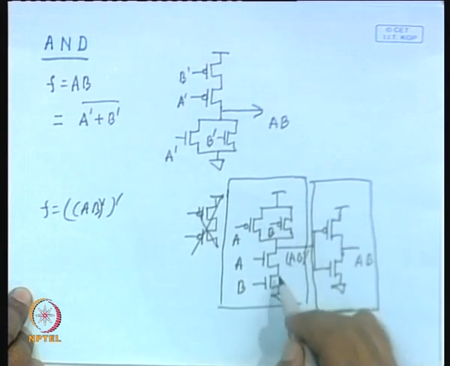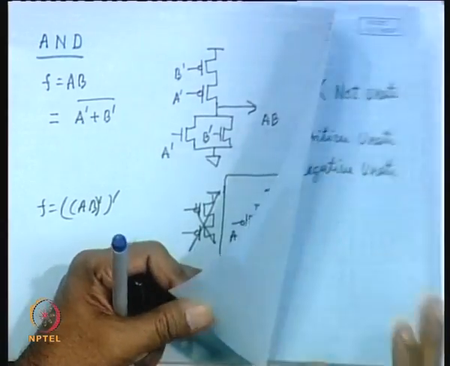So, you can see essentially you have decomposed the function in terms of negative functions. In fact, back in the 70s, a lot of research was carried out to realize CMOS combinational circuits by expressing them in terms of negative unit functions. Anyway, this is how you can realize AND gates.